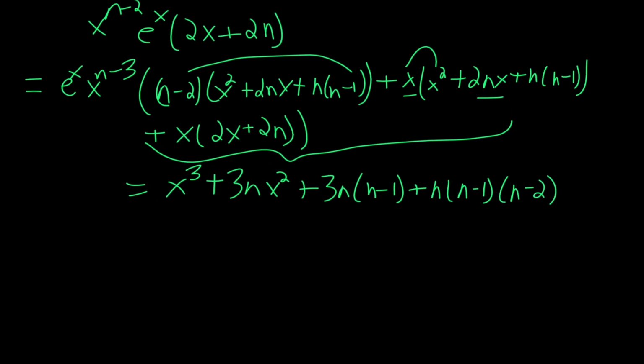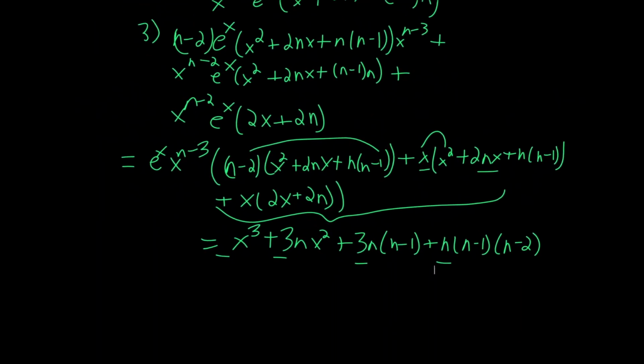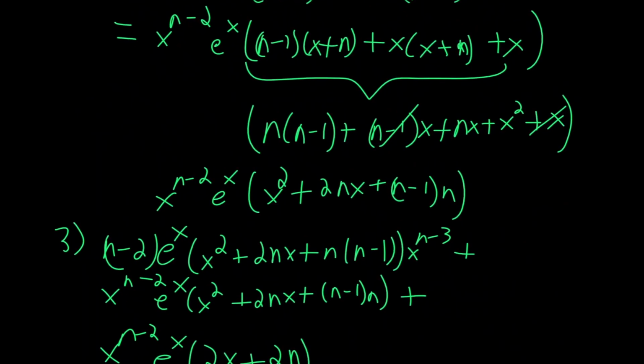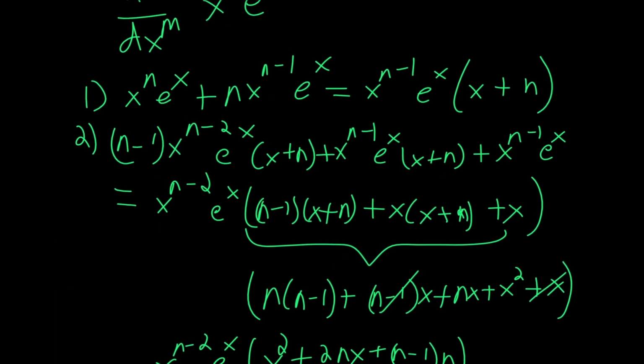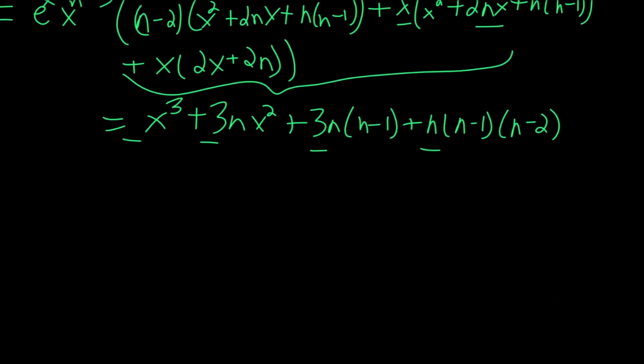And you'll see here that there is a certain pattern starting to emerge, that being that we have a binomial coefficient in front of each term, right? So here we have 1, 3, 3, 1, right? But then in the previous one, we had 1, 2, 1, and in the first one, we had just 1, 1. But you'll see that it does follow that pattern of binomial coefficients.